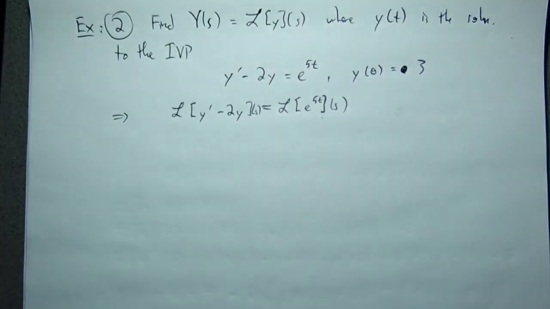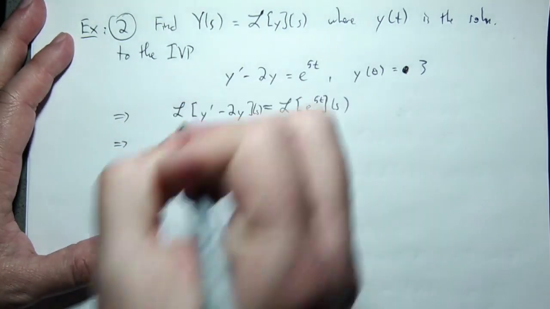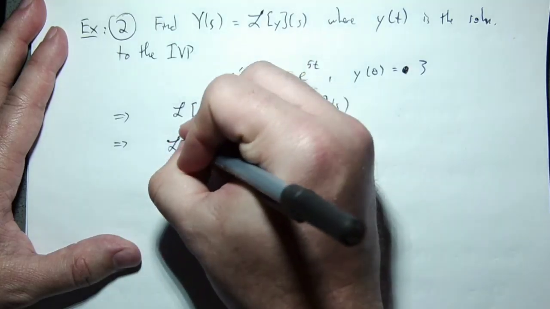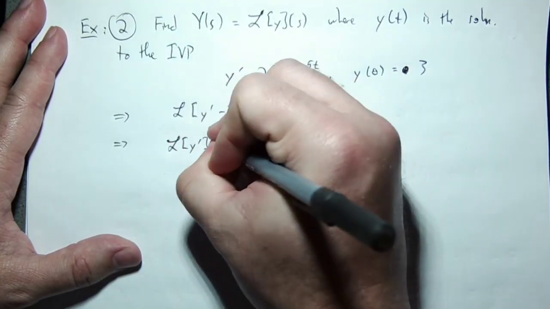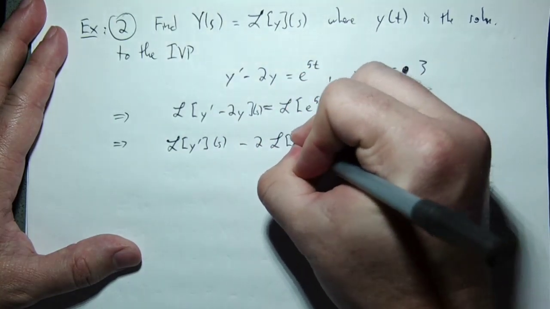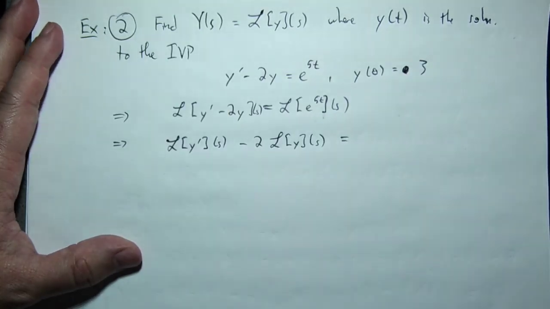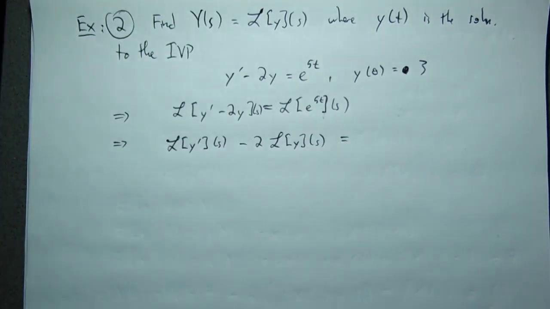So my left-hand side, using linearity, is the Laplace transform of y prime of s minus 2 times the Laplace transform of y of s, and that is equal to the Laplace transform of e to the 5t of s.